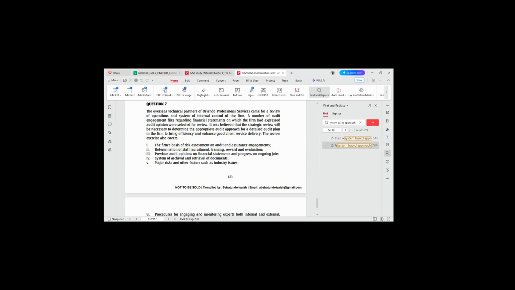They are overseas technical partners. What that means is that this is like one of the big four. Only the big four or the second tier audit firms have overseas technical partners.